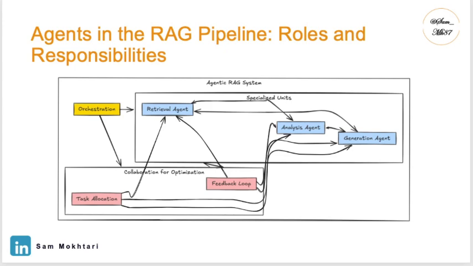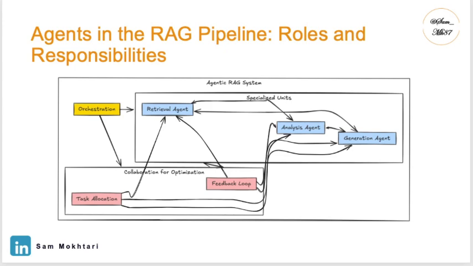In terms of the roles and responsibilities of the agent in the RAG pipeline, there are three main areas where an agent can support the RAG pipeline. We may have agents as specialized units. The agent operates as a modular, task-specific entity within the pipeline.